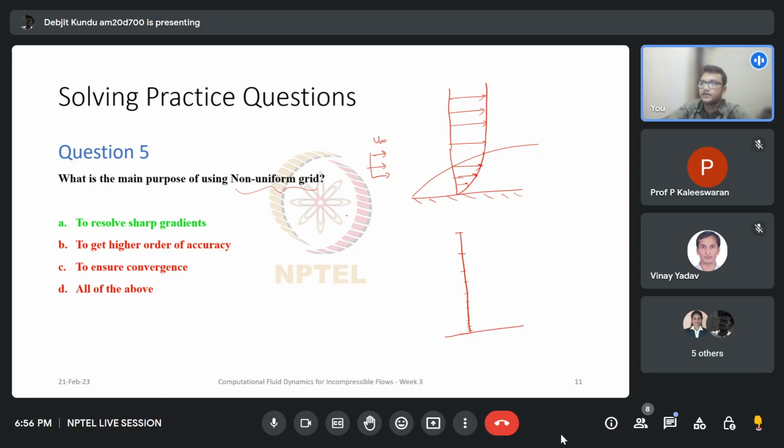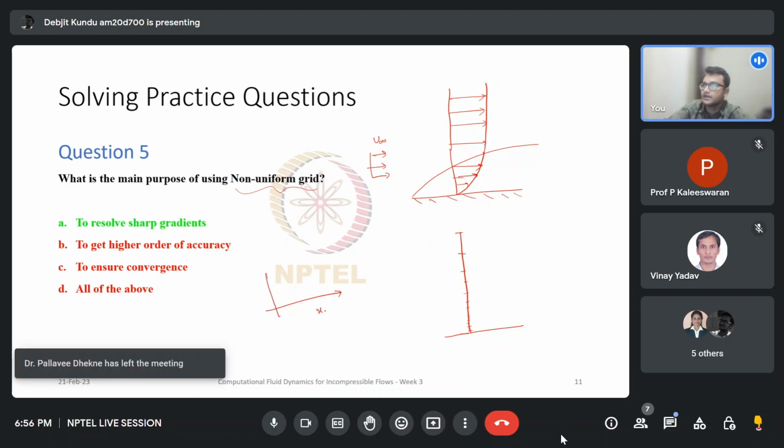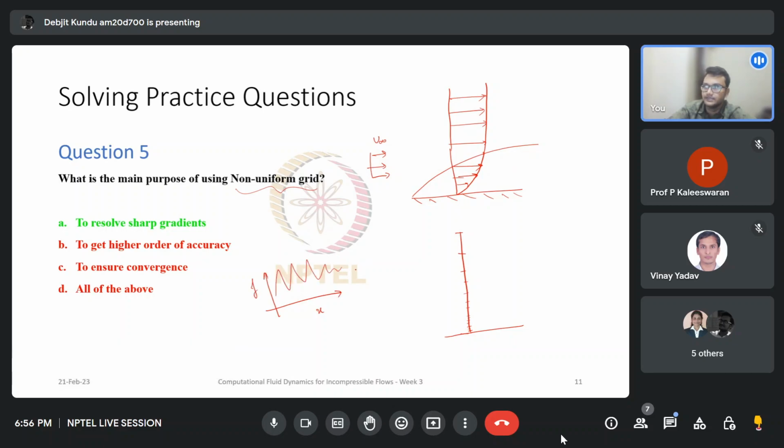Because if there were sharp gradients everywhere, let's say we have something like this, we have x and f, and the gradients are like this. For this, I anyway need a very sharp grid everywhere in order to capture all this.